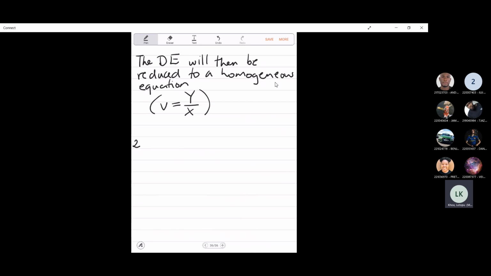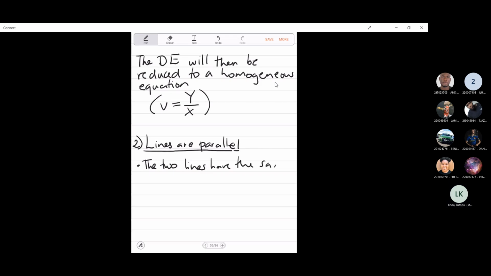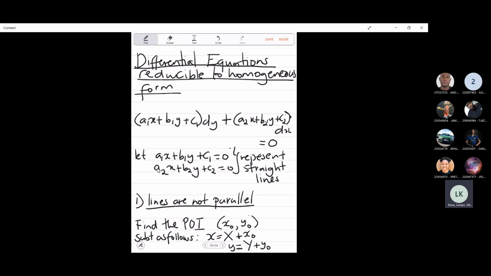And then the second case is when the lines are parallel. So if the lines are parallel, it means they do not have a point of intersection, or they have infinitely many points of intersection. So what this means is that the two lines have the same gradient. And that is this line here and that line there.